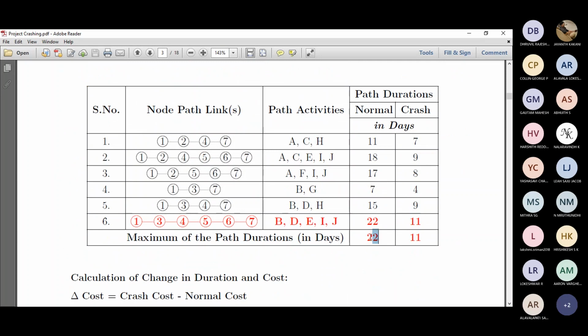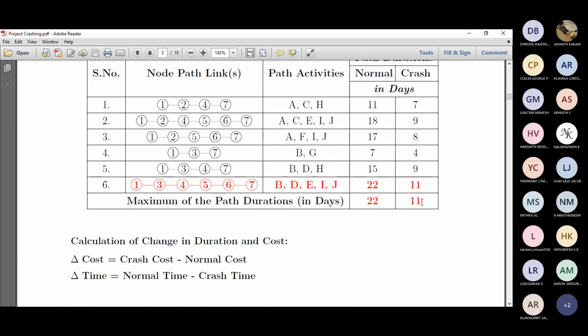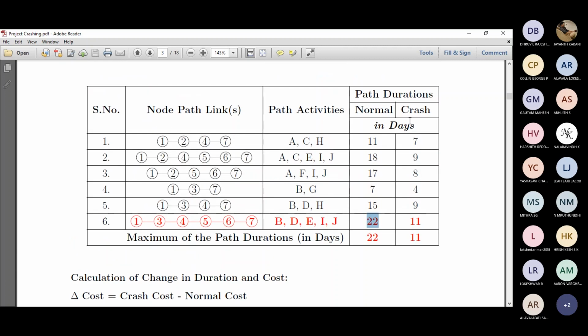The maximum possible project duration is 23 in normal time, whereas in crash time it is 11, right? So when you sum up all the crash times, it is 11. You can take a look at the 6 different paths. Out of these, this path is critical. So this is 22, right? Something like that. Only for crashing, you can take a look at the sanity check.